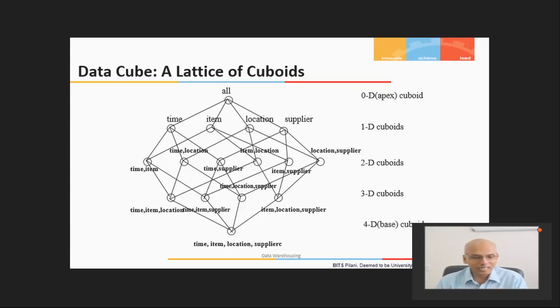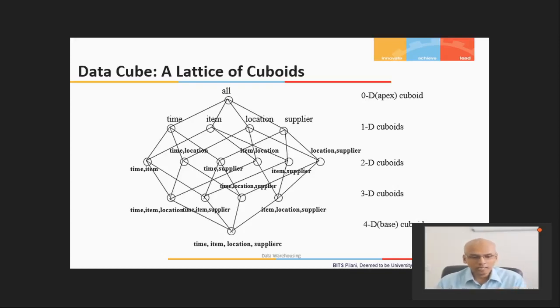So what that means is, in this situation, you need to compute the entire cube, because the analyst may go from the time to the supplier, to the supplier's items, they may want to summarize at the supplier level, or they may look at the impact at the various locations for the same item. So you cannot predict, and so you need to compute all these cuboids.